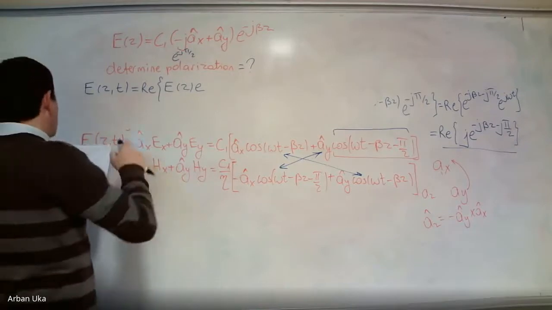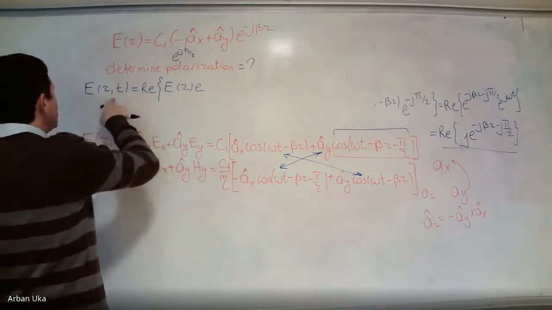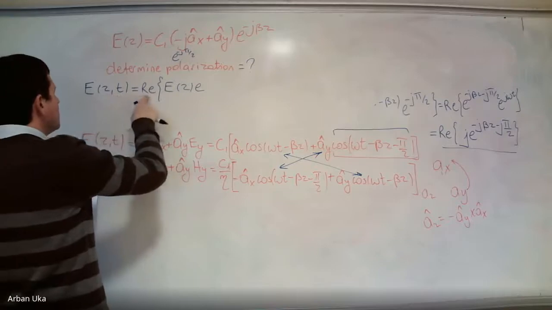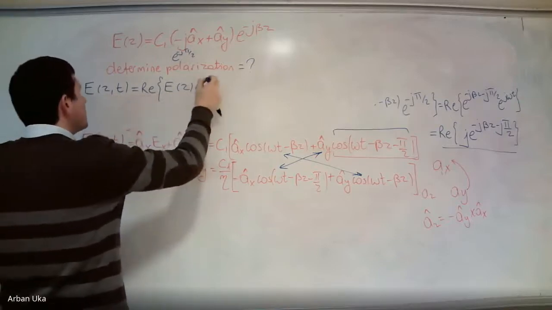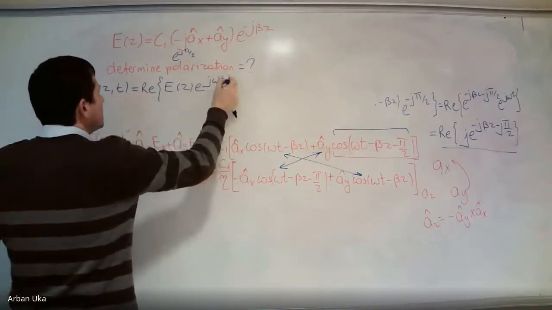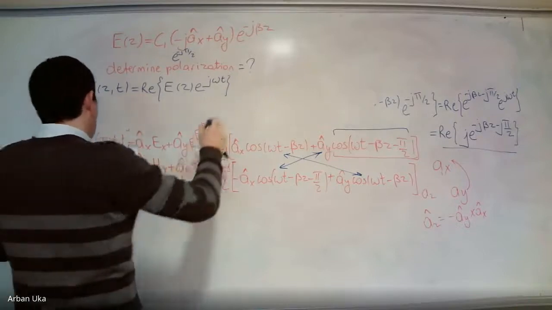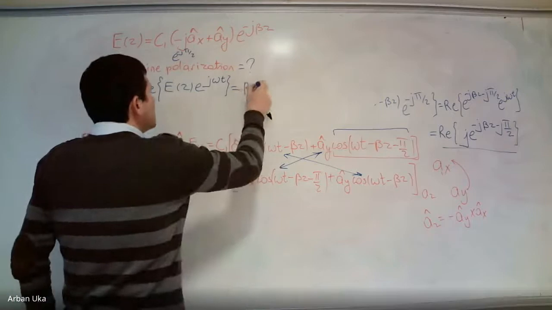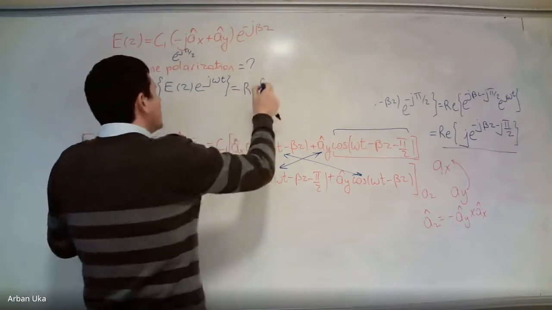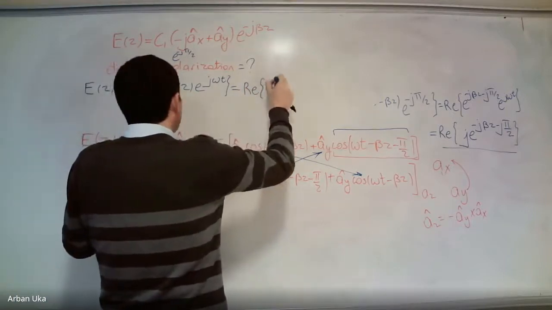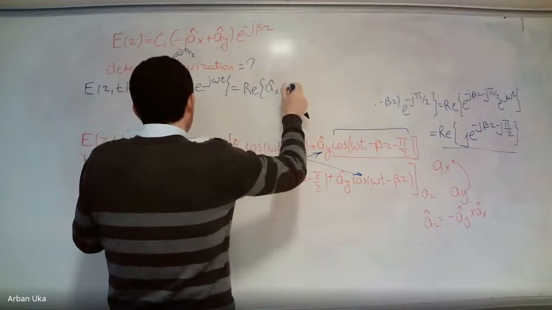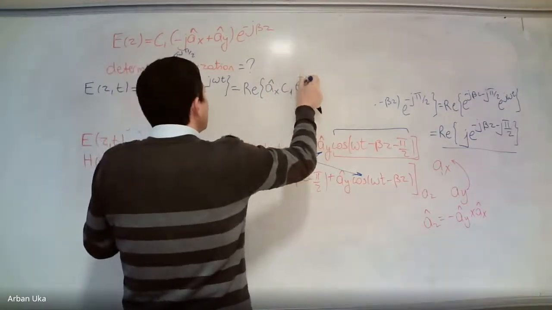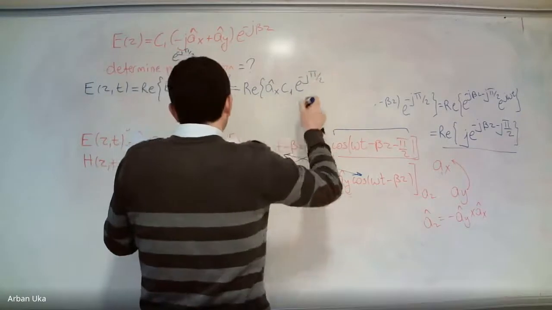Here we have that the instantaneous expression of the electric field E(z,t) is always equal to the real part of the phasor times e to the power j omega t. So this is what we do, and then we continue, and here we get the real part of a_x times C1 e to the power minus j pi over 2.